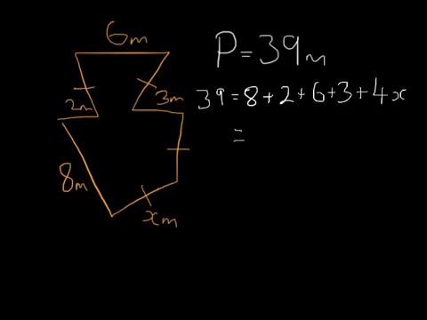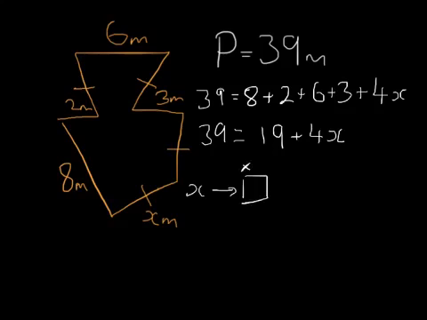And if we simplify all that, we have 19 plus 4x. And from here you can do your math machines, or the method you prefer. I'm just going to do math machine just to show you how it's done. So I had x, went in, it got times by 4, went into another one, 19 was added, and out came 39.